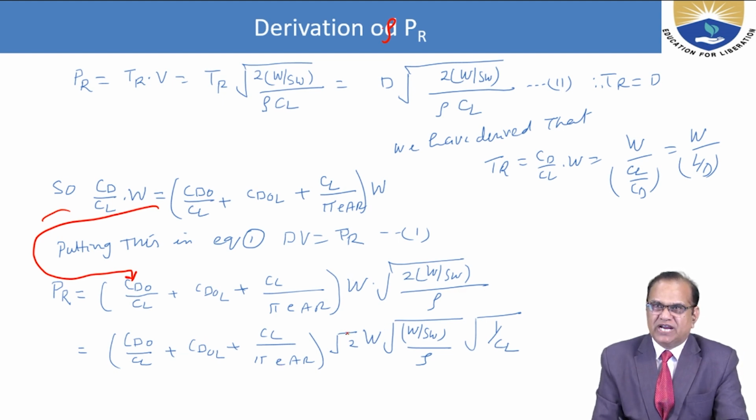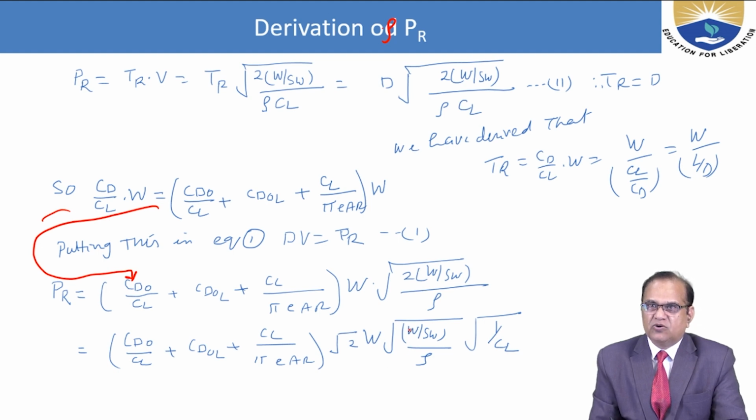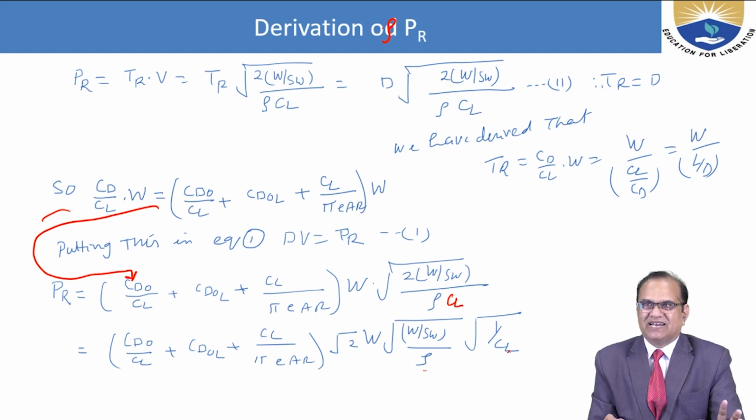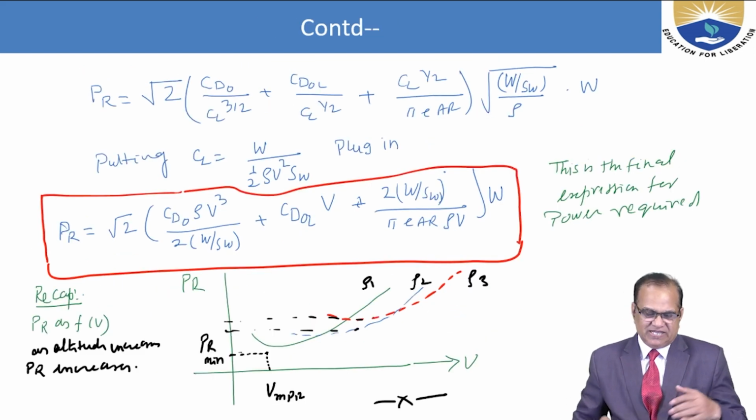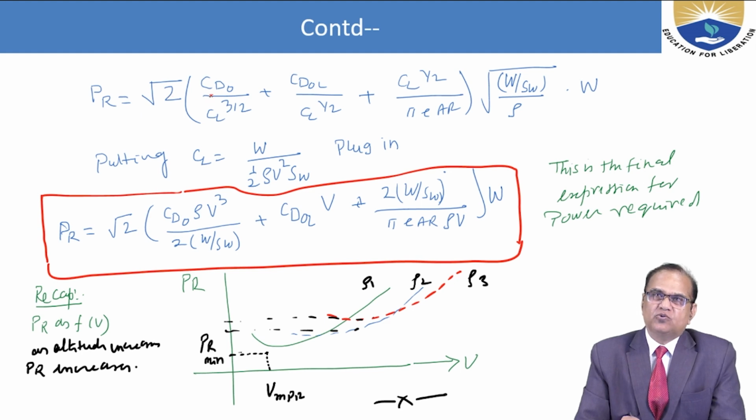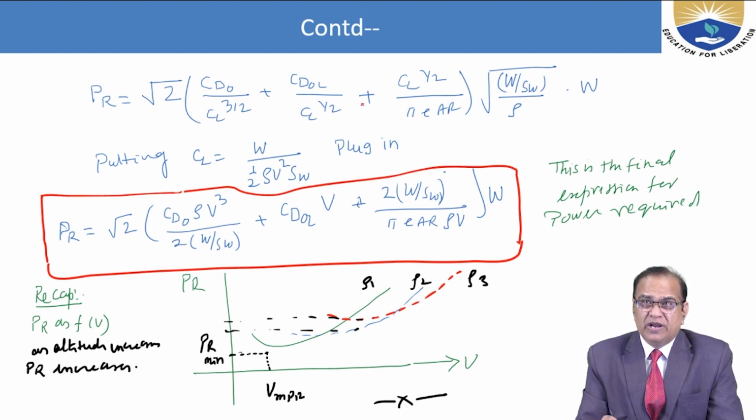This 2 we have taken outside, square root of 2 into W, square root of W by SW by rho, into CL, and this CL has 1 by square root of CL. Now we will see that PR is equal to square root of 2 times CD naught by CL to the power 3 by 2 plus CL to the power 1 by 2 over pi E aspect ratio, under root W by SW by rho into W.